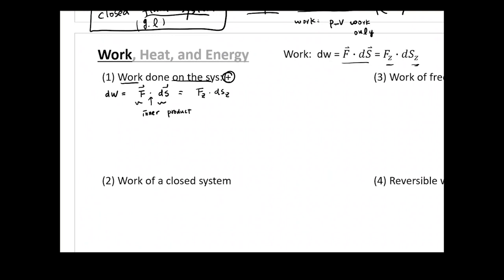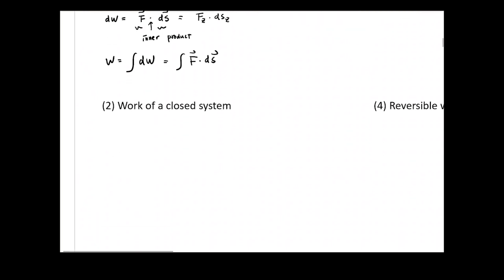Alright, so if you have an infinitesimal distance moved, then the total work will be just the summation of your dW. It's the summation of force times displacement in the same direction. Second thing is for a closed fluid system. Here we are going to use gas as an example.